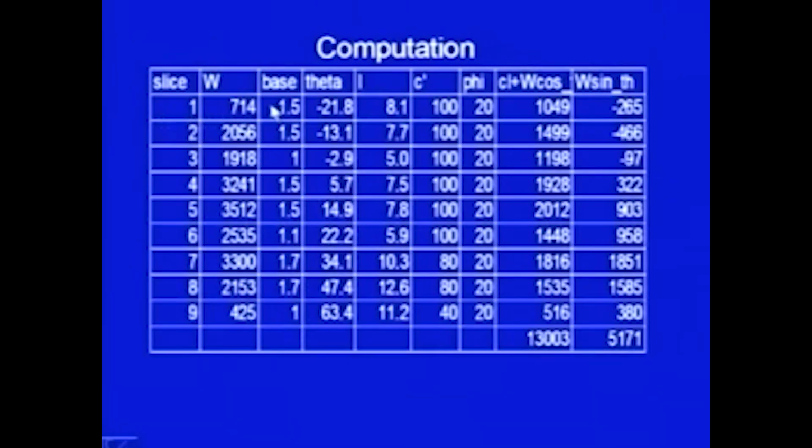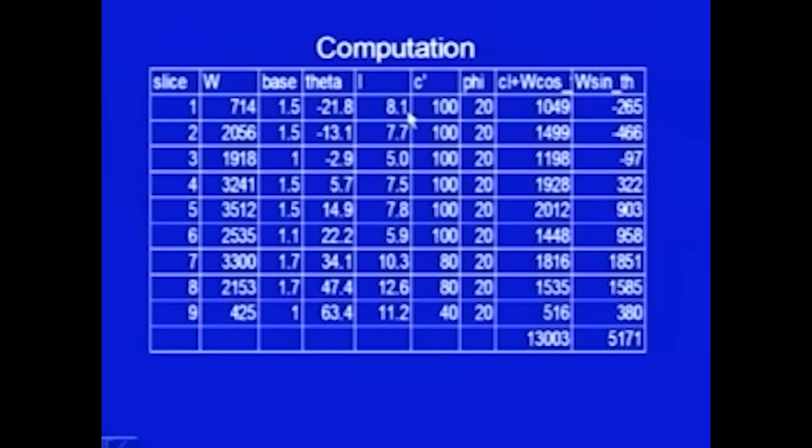This is slice number 1, weight is 714 kilonewton. Then its base length is 1.5 meter. Theta, here I have taken negative. This is slice number 1, so theta is negative here.